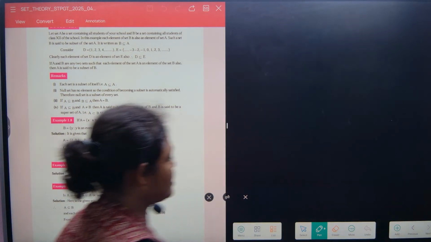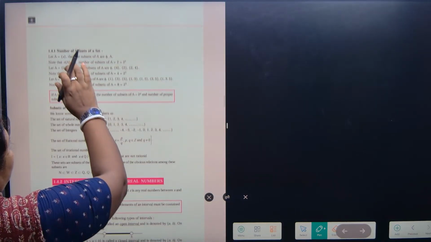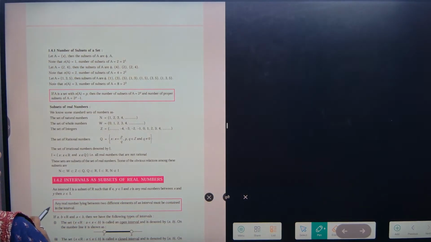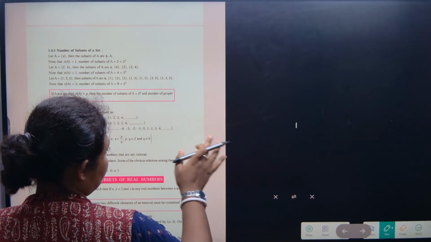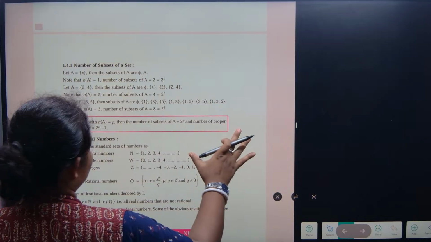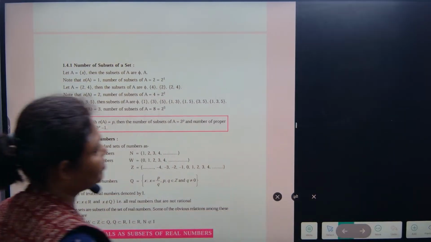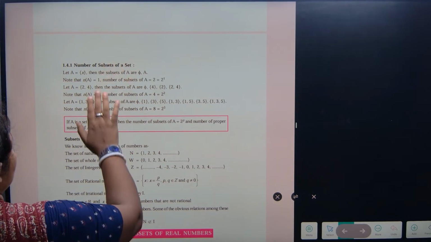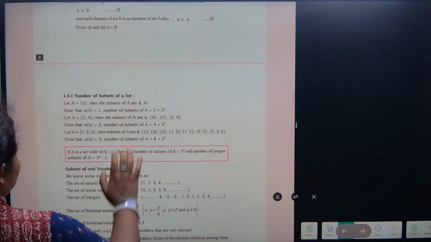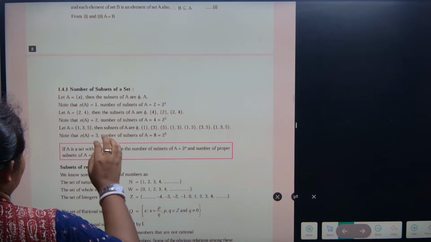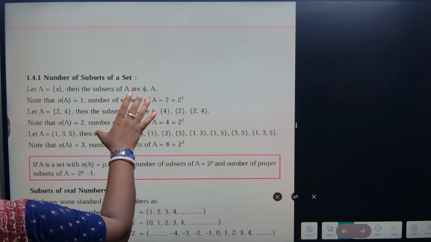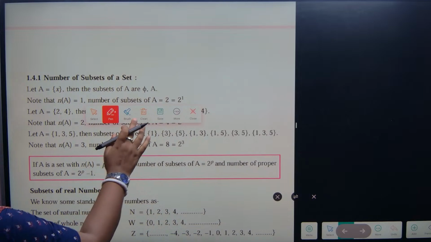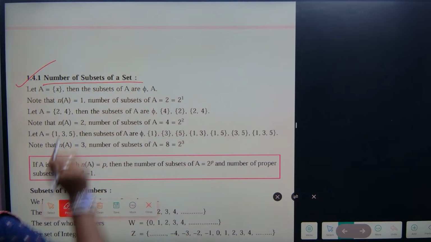Next, go for the next one. Number of subsets of a set.